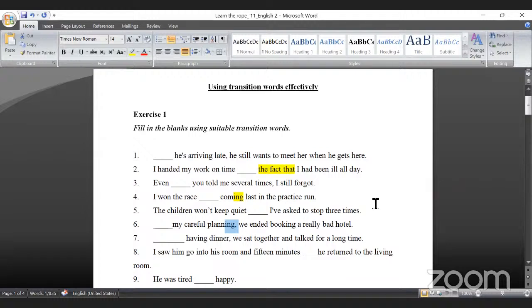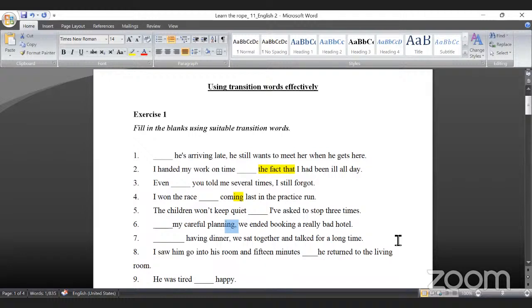But okay, the rule doesn't change. So this was meant to be for the other thing, but it's okay. We don't look at this actually. The right answer for that blank should have been while. While having dinner, we sat together and talked for a long time.